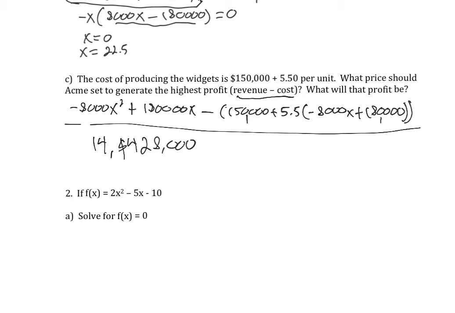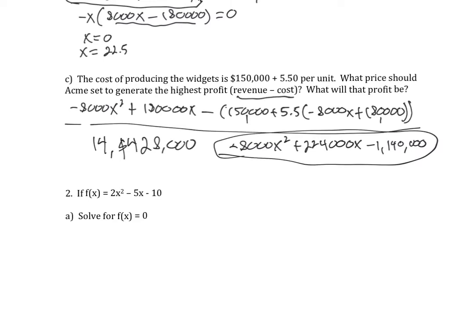Now, there's a couple of ways to think about simplifying this, but what you end up with is negative 8,000x squared plus 224,000x minus 1,140,000. Okay, so you'll see when you work this through that you should come up with that.